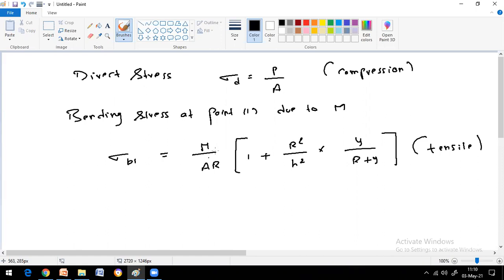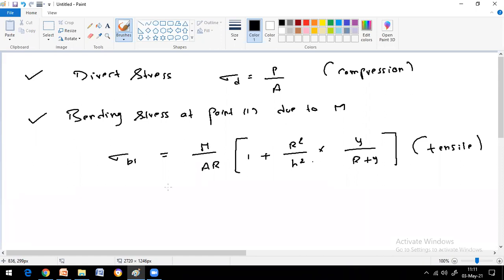So this is the direct stress and this is the bending stress. This direct stress will act only based on the load. This bending stress will act based on the moment. So by that, this will be under compression and this will be under tension.